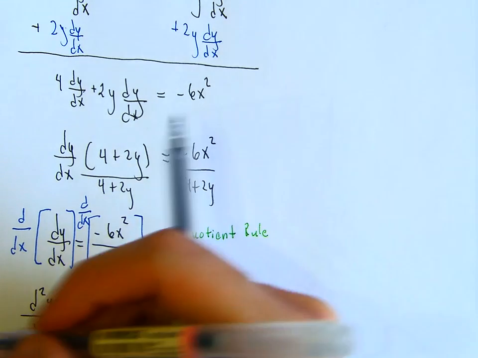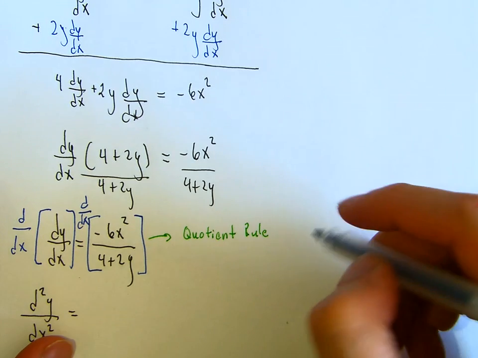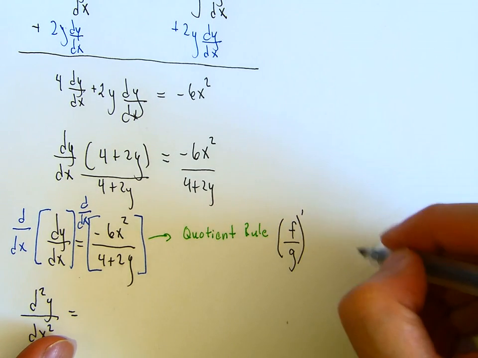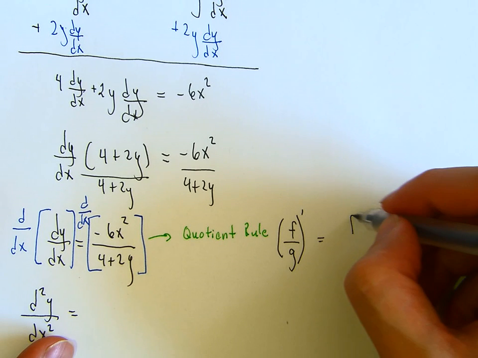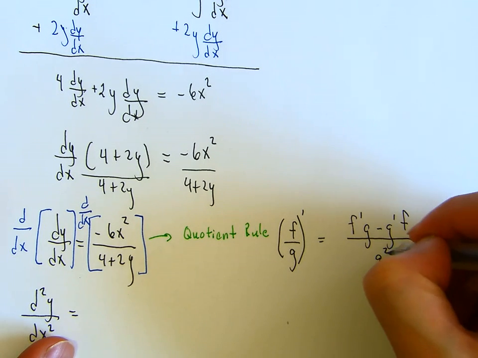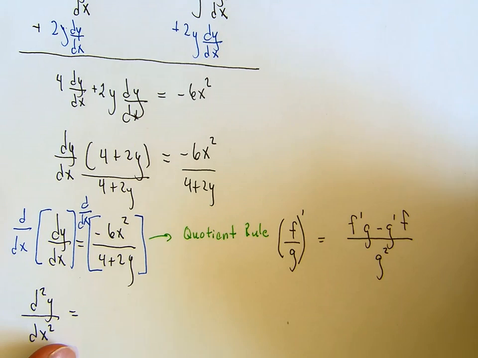So what is the quotient rule? Try and pause the video and write down what is the quotient rule. If I have some f divided by g and I take the derivative of it, it is f prime g minus g prime f over g squared.